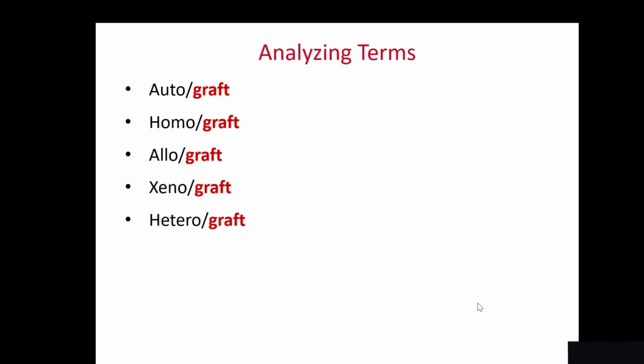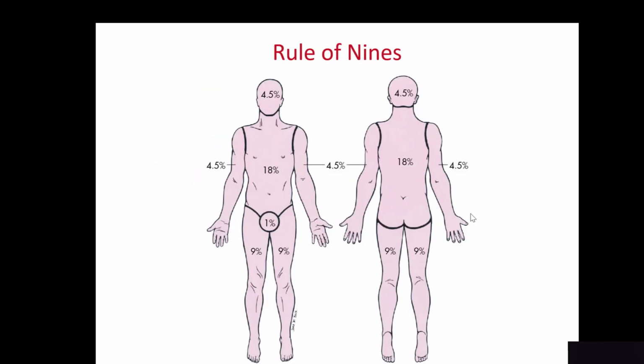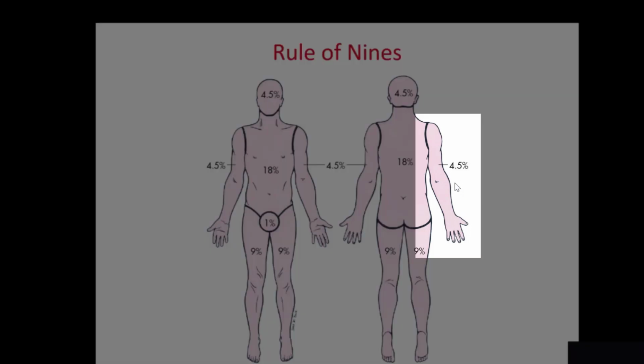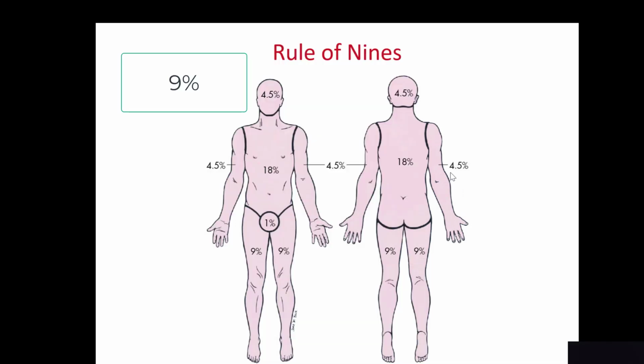We go back to our picture. Front and back of one arm would be 9%, because one side is 4.5, the other side is 4.5. So 4.5 plus 4.5 is 9%. So that person would have 9% third-degree burns. So that's how we calculate using the rule of 9s.